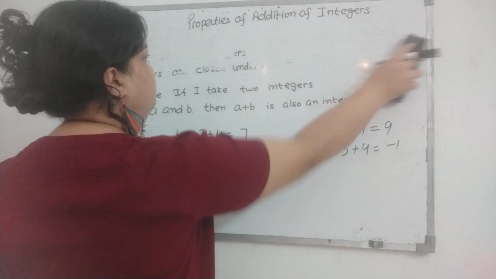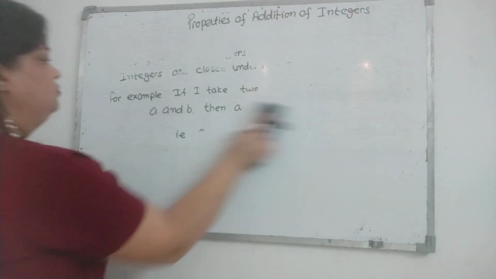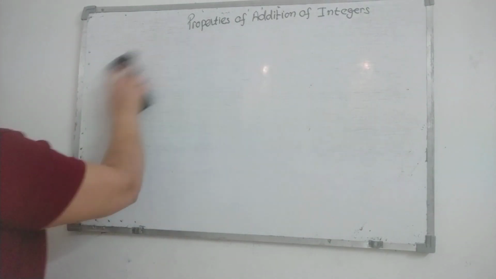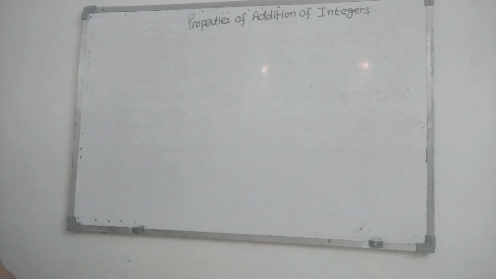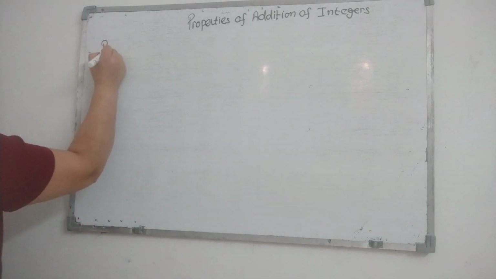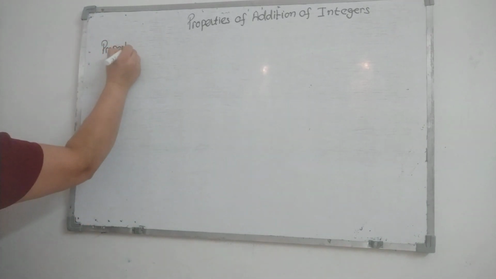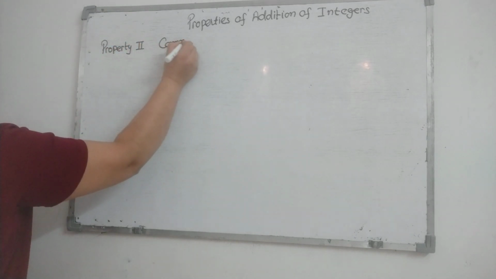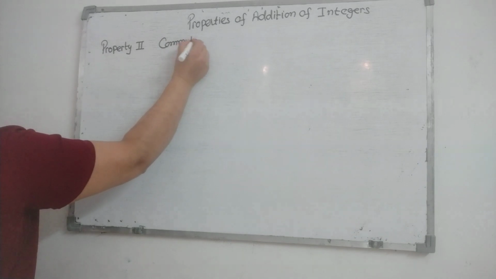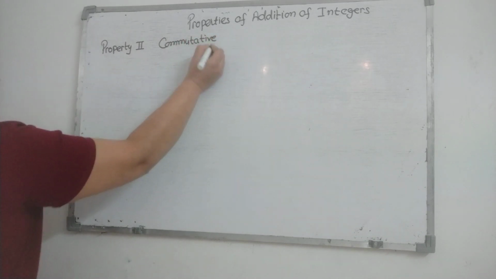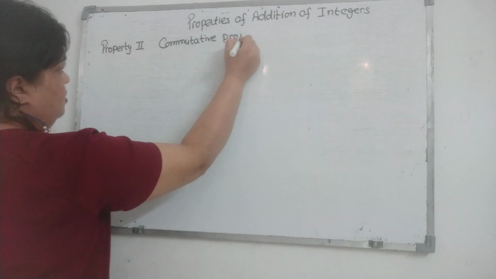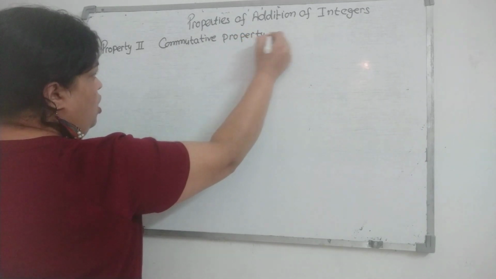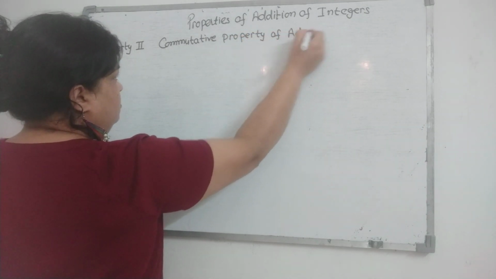Next is property 2, the commutative property of addition.